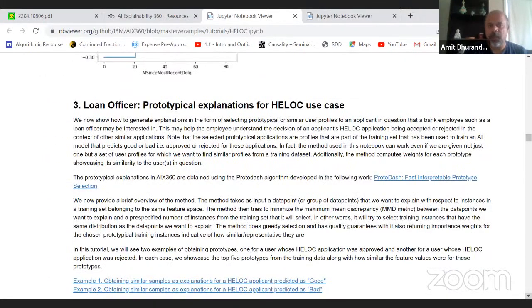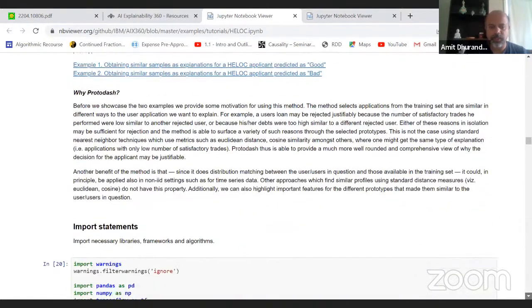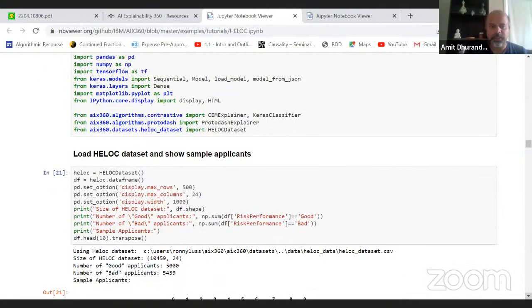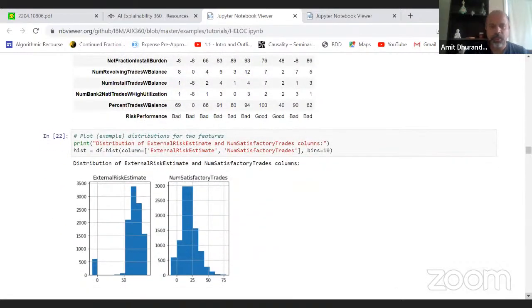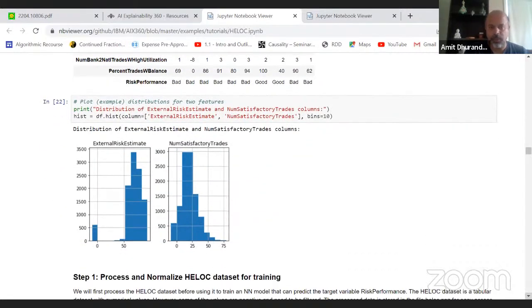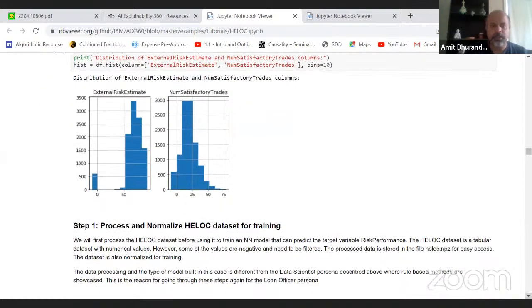For the loan officer part, where he just wanted similar examples, like I said, you have this ProtoDash method. Again, you basically load the data set, use the standard stuff, and show a few examples. Then this is a histogram for the features external risk estimate and number of satisfactory trades, showing how the data looks.